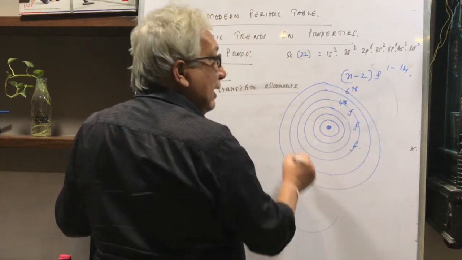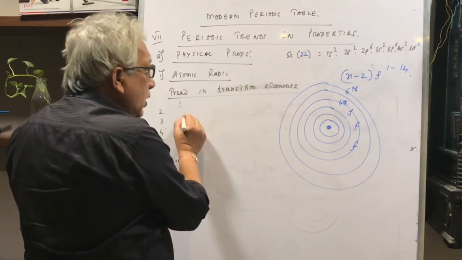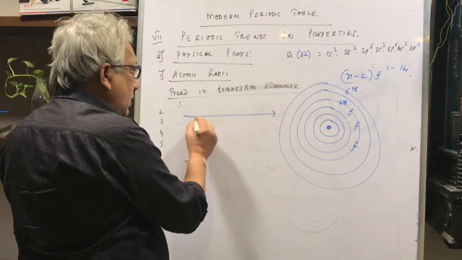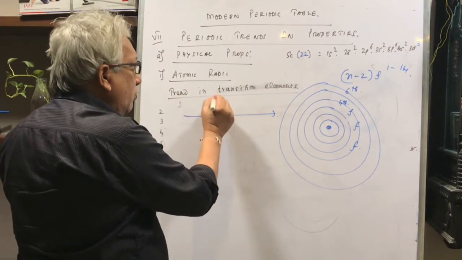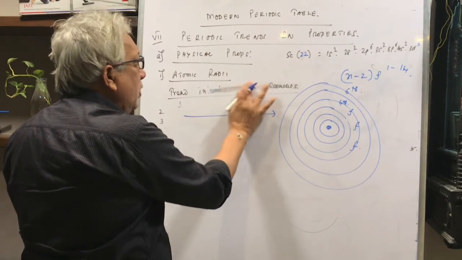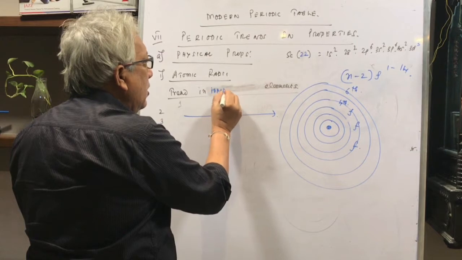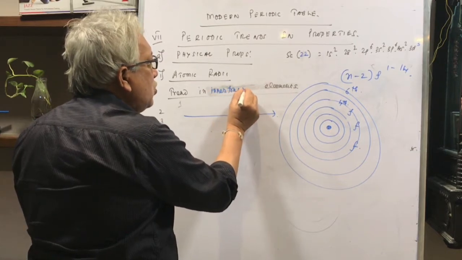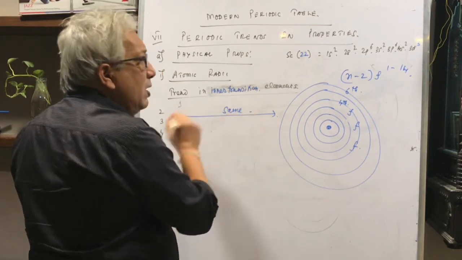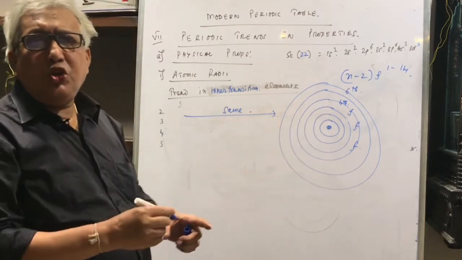This is called lanthanide contraction or actinide contraction. So the atomic radius in the case of inner transition elements, you can say, remains the same because of the more powerful shielding effect.